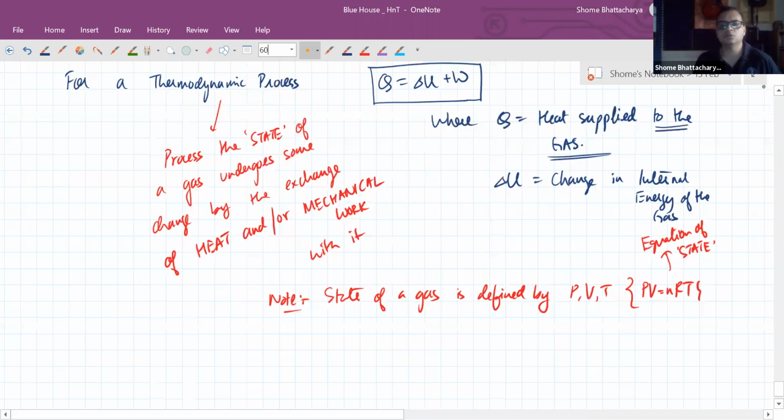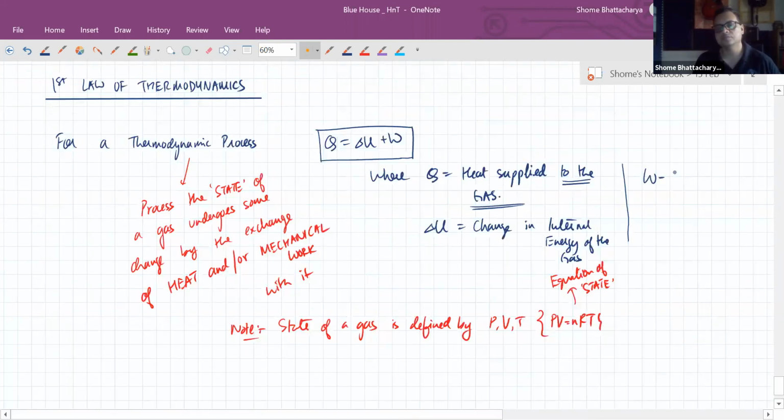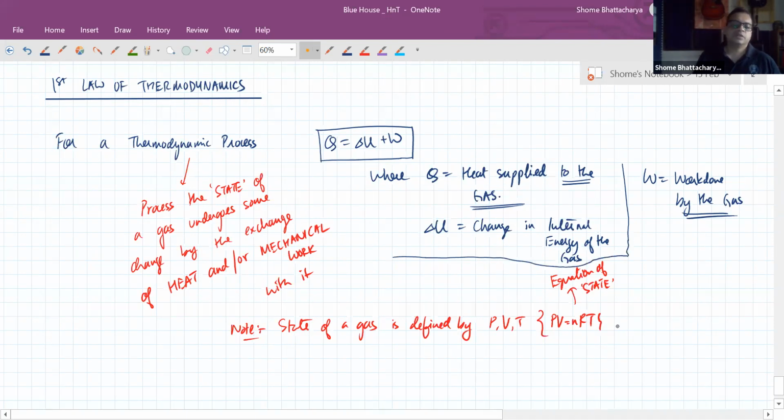You must remember, W is not the work done on the gas, it is the work done by the gas. We'll also discuss in which case these quantities are positive and in which case they are negative. But this is the statement of the first law: the heat supplied to the gas equals the change in internal energy plus the work done by the gas.